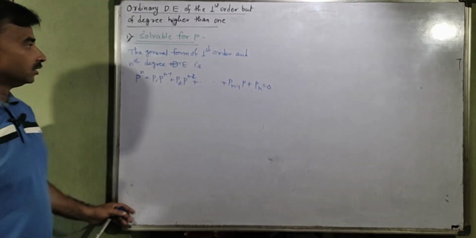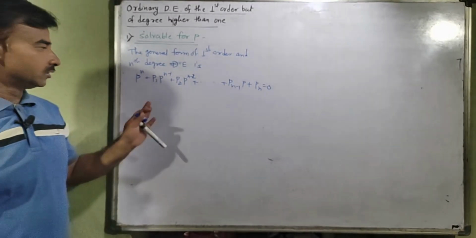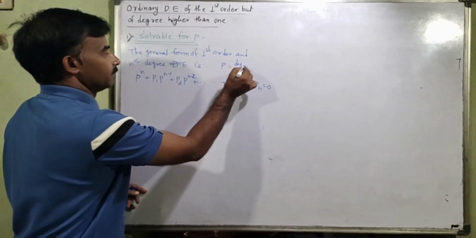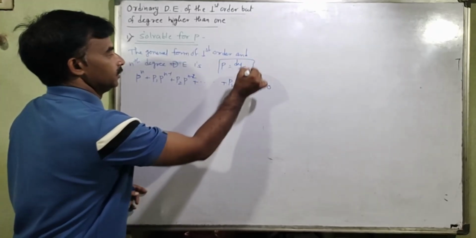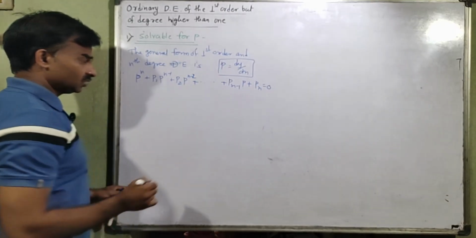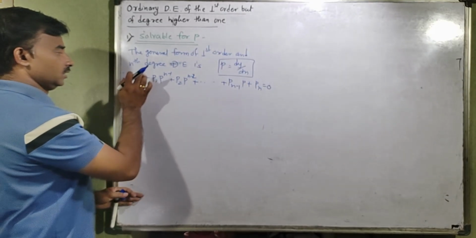This is your nth degree differential equation of first order, because we know that P is equal to dy by dx here. Okay, and sorry for that, P raised to n.